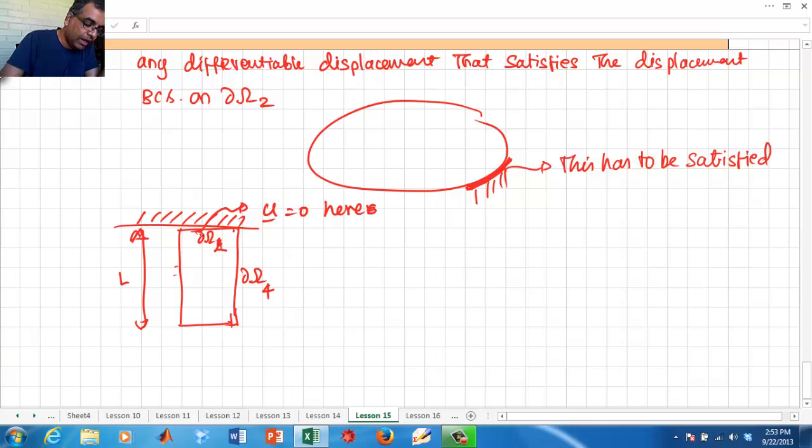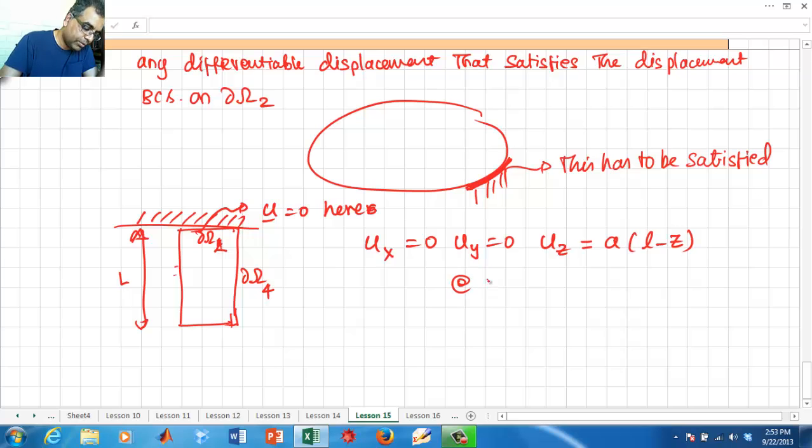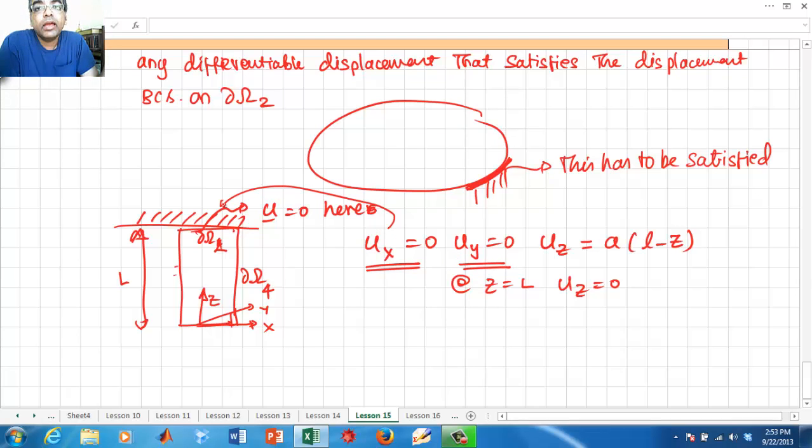For example, I can put ux equal to 0, uy equal to 0, uz equals a times L minus z. So L is that, A is some constant. You can see at z equal to L, because I'm going to measure my z axis from here, at z equal to L, you get uz equal to 0, ux equal to 0, uy equal to 0. So it meets that. That's all. Hey, you can say, what about uz equal to a times L minus z cubed?